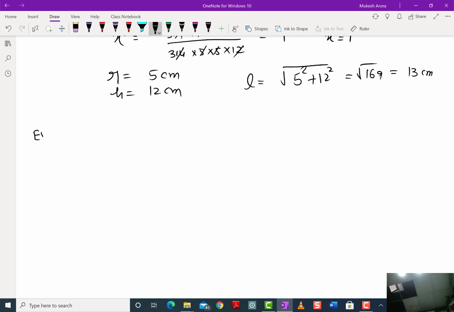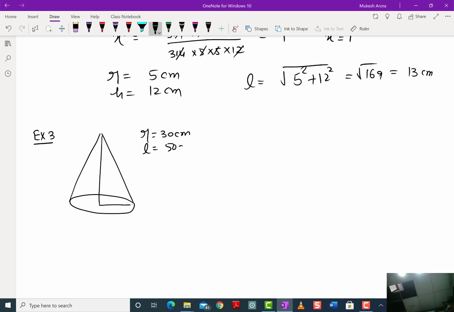Example number 3: determine the volume of conical tin. Find the volume of conical tin whose radius of base is 30 centimeter and slant height is 50 centimeter, and find the total surface area.